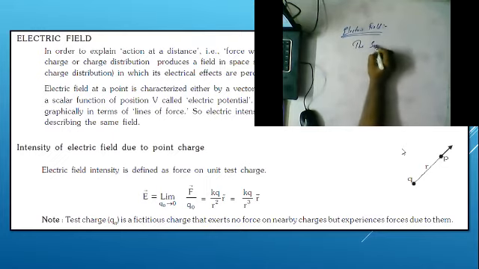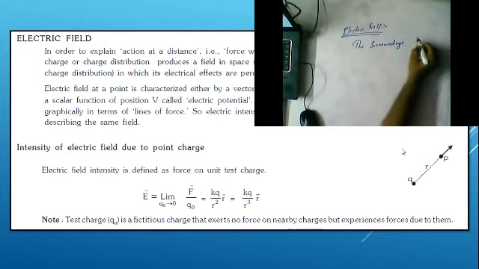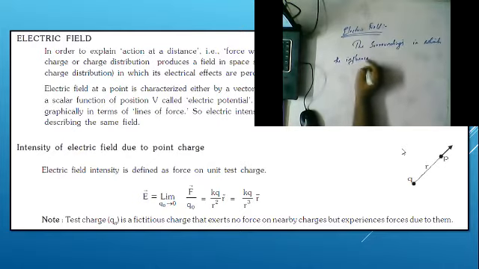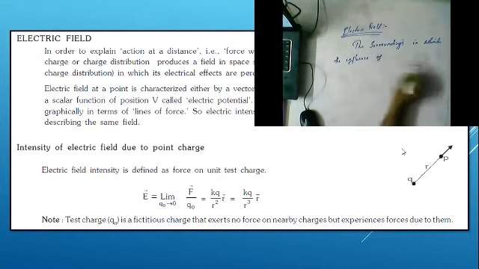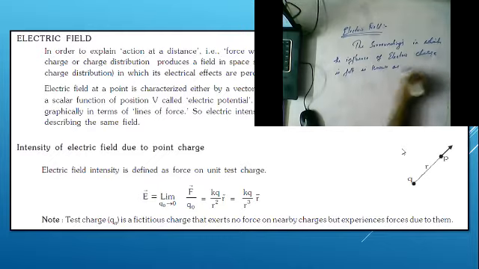The surroundings in which the influence of electric charge is felt is known as electric field.